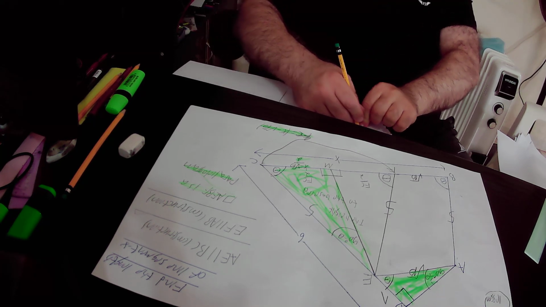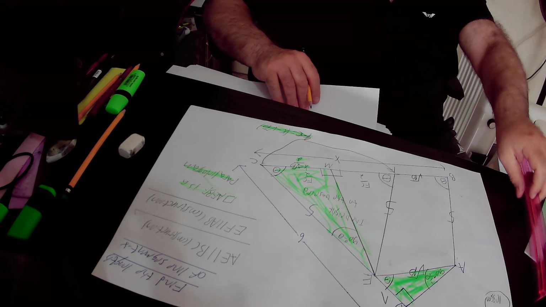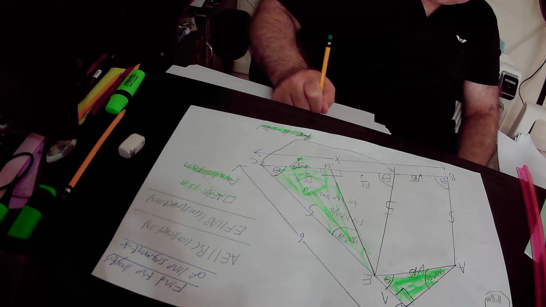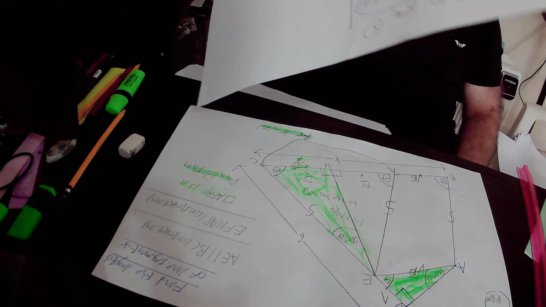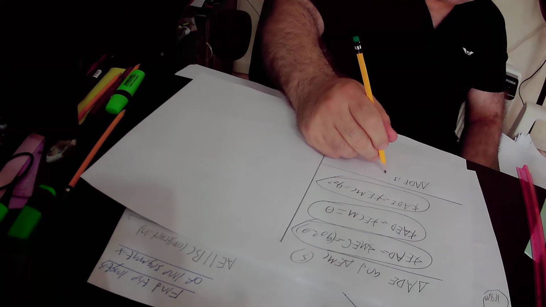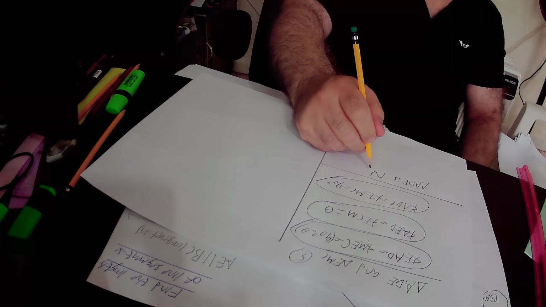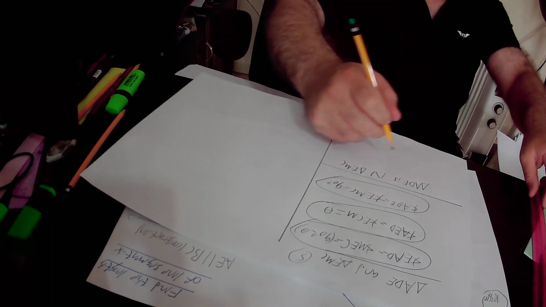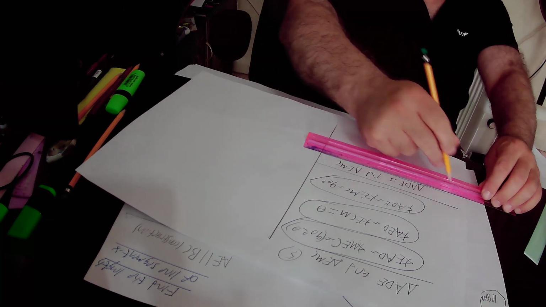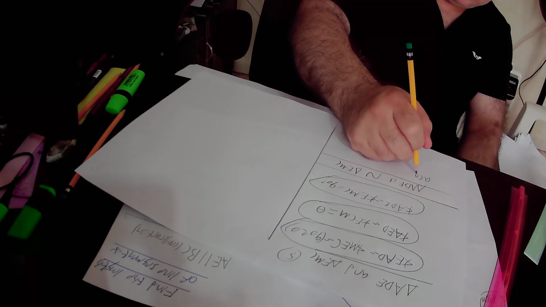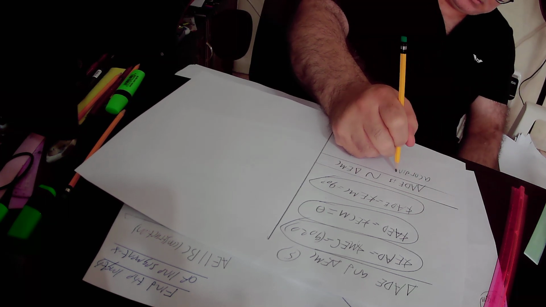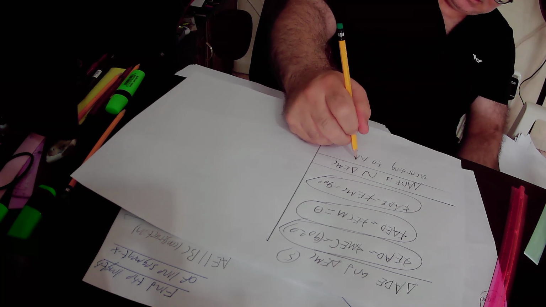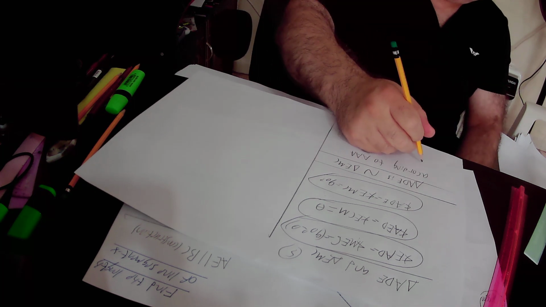Okay, so I write it down. Triangle ADE is similar, this is the sign of similar, to triangle EMC, according to angle similarity rule.